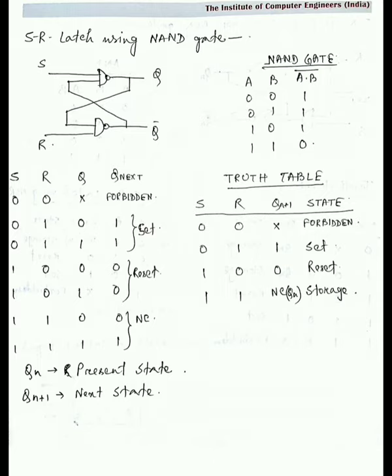Reverse means if S is 0, R is 1, then it is set. If S is 1, R is 0, it is reset. That means if S1 is set, then it is NOR gate. If S0 is set, it is NAND gate. If R1 is reset, then it is NOR gate. If R0 is reset, it is NAND gate.